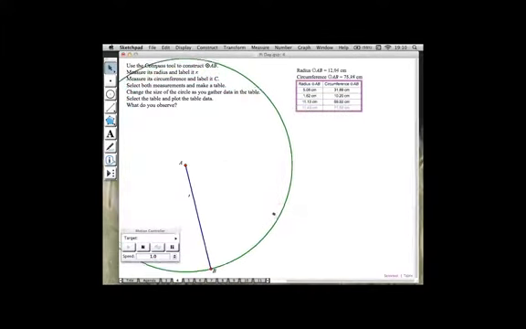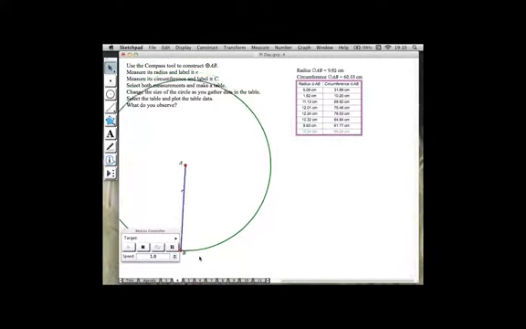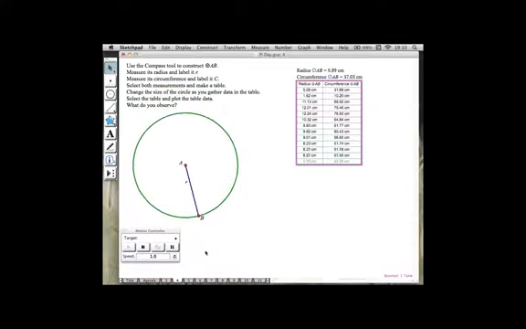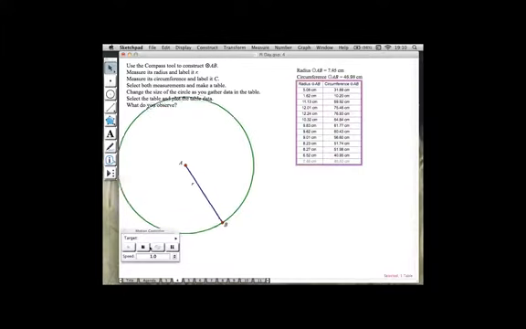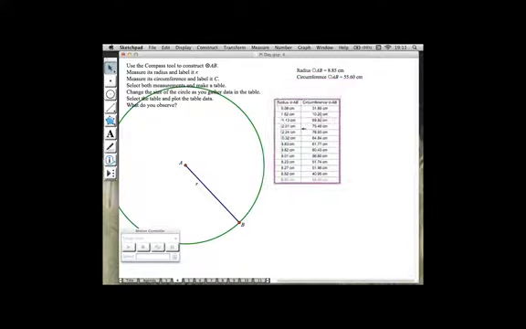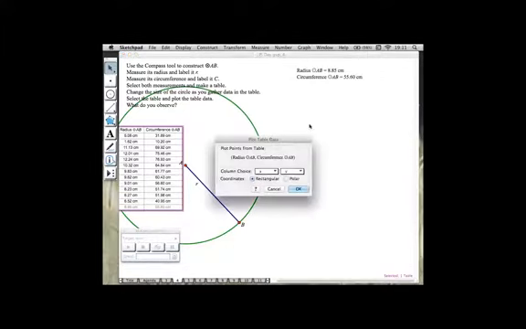For different size circles. And in fact, I can animate point B, select the table, and by right-clicking the table, I can tell it to add table data, 10 new values as the circle changes in size.